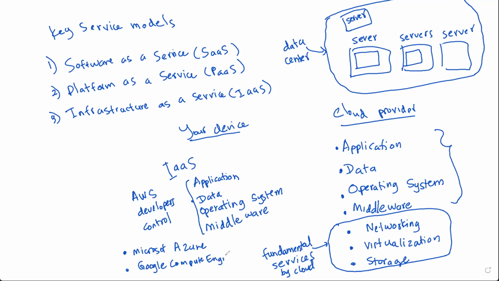Anyway, companies like AWS, Microsoft, and Google use IaaS as one of the methods of delivering their services. So basically, those are the three types of service models of cloud computing.